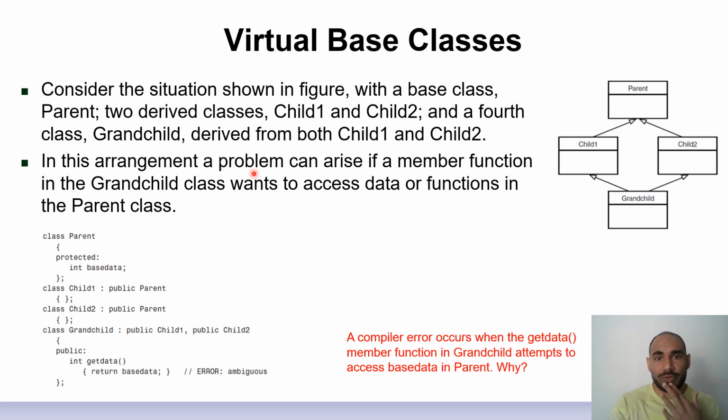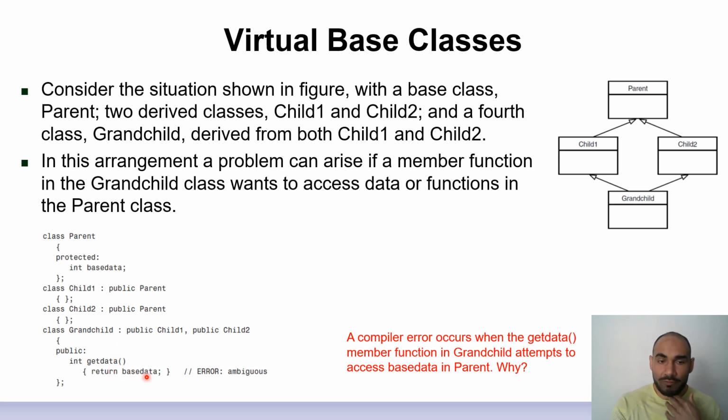In this arrangement, a problem can arise if a member function in the grandchild class wants to access data or functions in the parent class. So what happens here? Get data. If someone calls get data on an object of grandchild class, it says return base data.